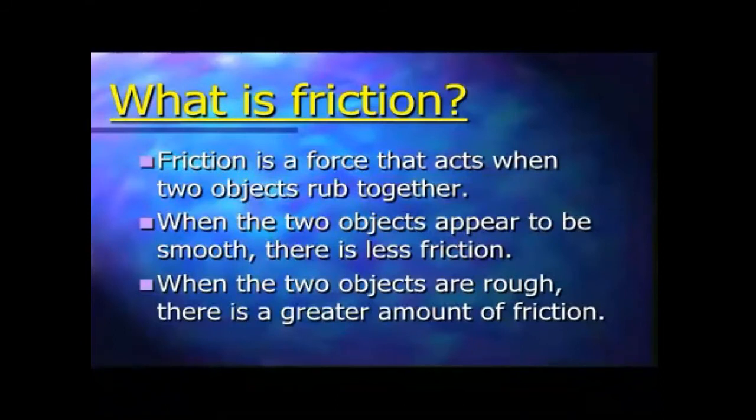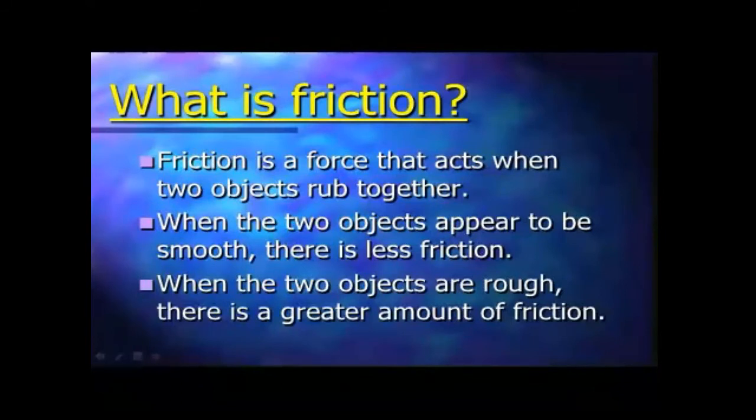So, what is friction? Friction is a force when two surfaces are rubbed together. Sometimes friction is less and sometimes friction is greater. It depends on the surfaces. Some surfaces are smooth, so there is less friction, and some surfaces are rough, so there is greater friction.